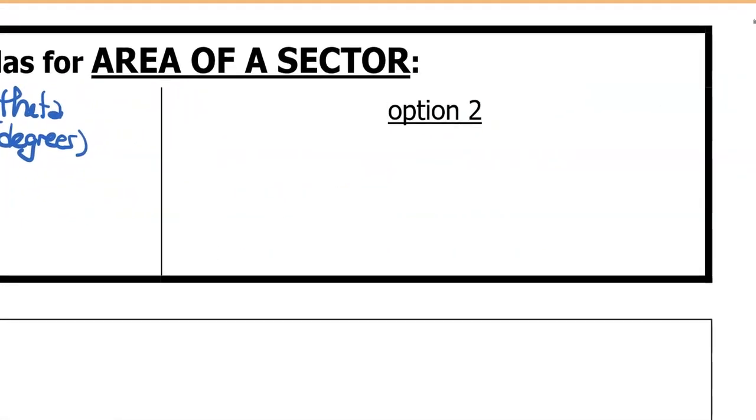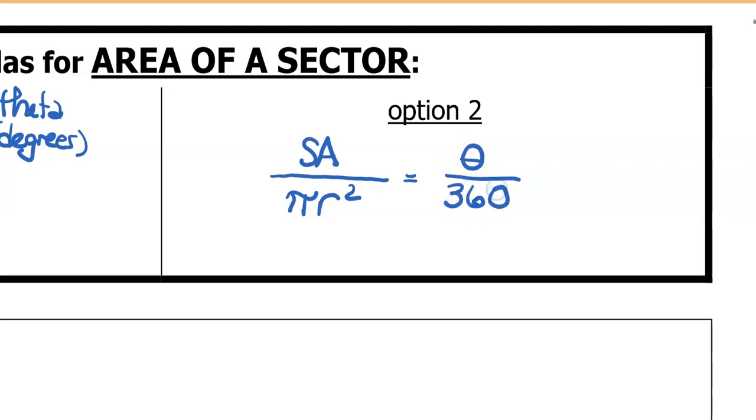And just like arc length, you have another option if you prefer. The area of my slice, or of my sector, that's my part of the area out of the entire area of the circle. And that's going to be the same as the fraction, my degrees over the full degrees, 360.